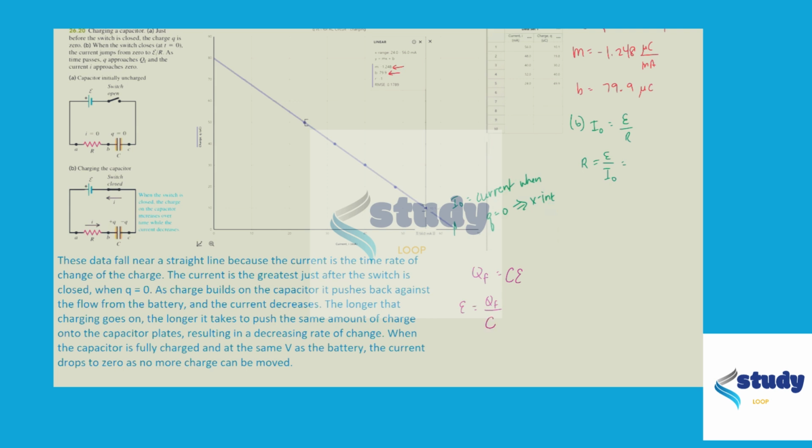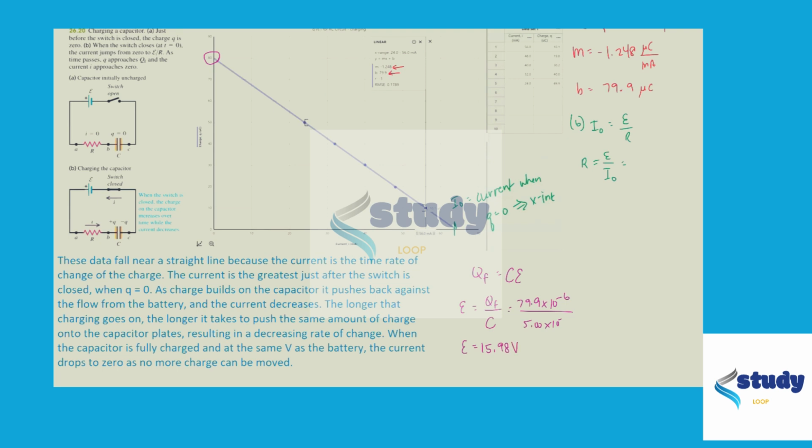The final charge is what we're looking at when current has dropped to 0, and that's also the same as our y-intercept. That was 79.9 microcoulombs, so I need to put it as 10 to the negative 6, divided by a capacitance of 5 times 10 to the negative 6 farads. So that gives me an EMF of 15.98 volts.